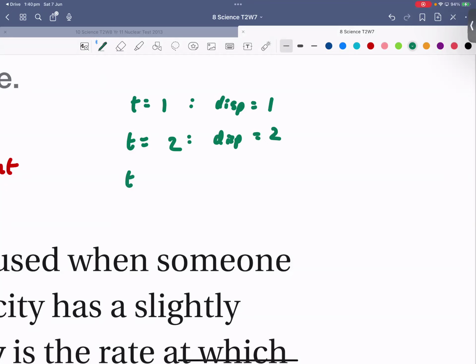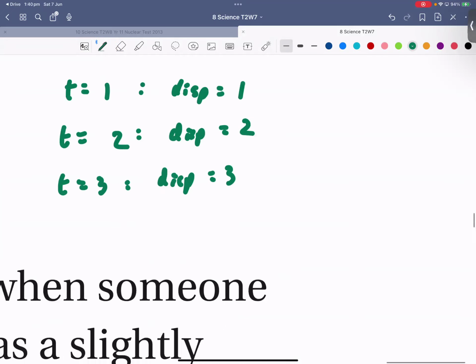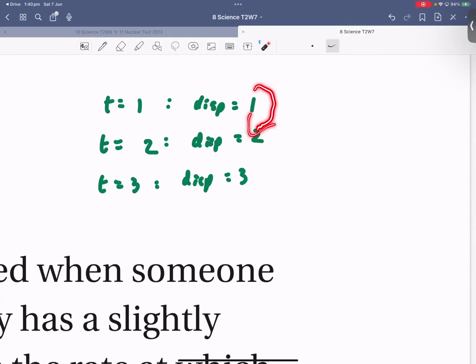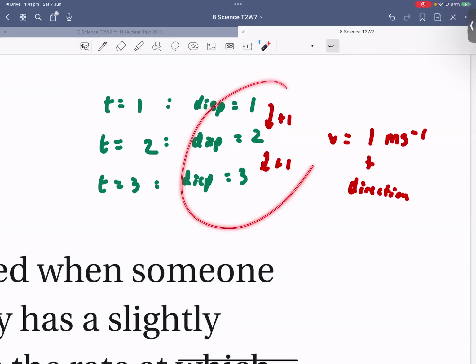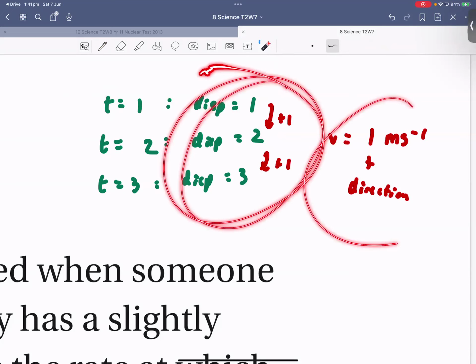At t equal to 3, my displacement is 3. How fast it is changing over a specific time interval is my velocity. This changes by 1, changes by 1. Hence my velocity is going to be 1 meter per second plus some direction. So when we refer to time, it will always be in seconds. How fast this changes is equal to your velocity.